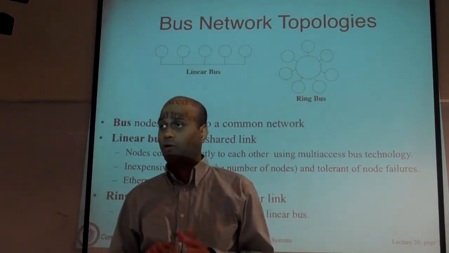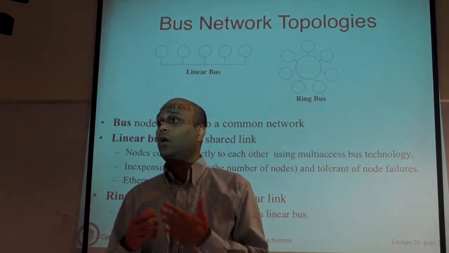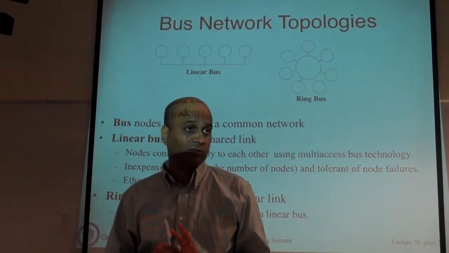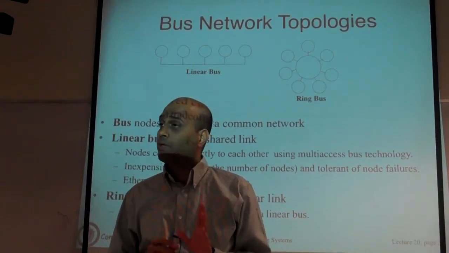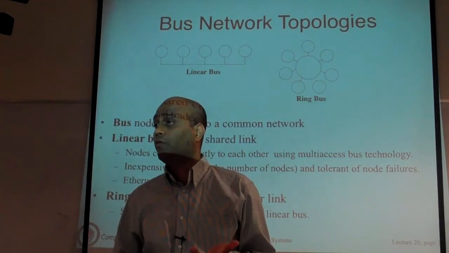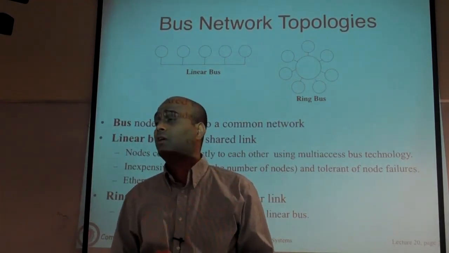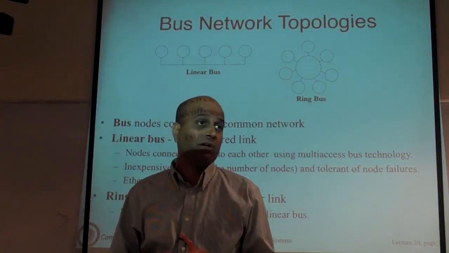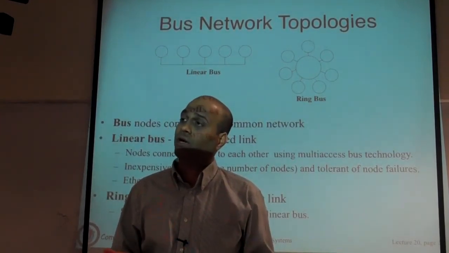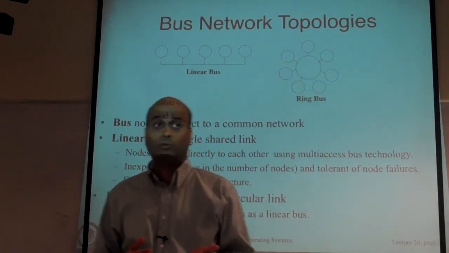Whatever I said here is true whether you actually have a physical wire connecting nodes or whether you are doing this on wireless. In wireless, your medium is air, but that doesn't change anything that I said here. If you have a Wi-Fi network, you can have only one node send on one channel at a given time. If two nodes try to send packets on the channel, they will collide. A channel is a frequency over which you communicate.